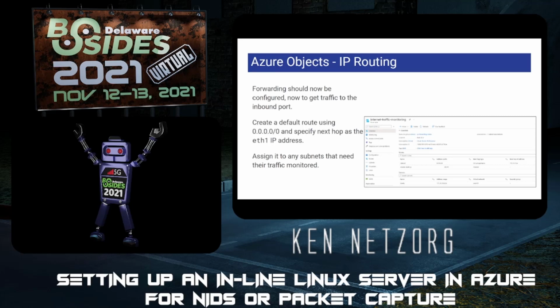So once the IP forwarding and routing have been put into place, we need to modify the platform in order to generate and send traffic directly to our interface. So in this particular case for Azure, we did an IP routing rule. Their default route is the quad 0, 0.0.0.0/0, and then we would specify the next hop as the IP address of the appliance we just created.